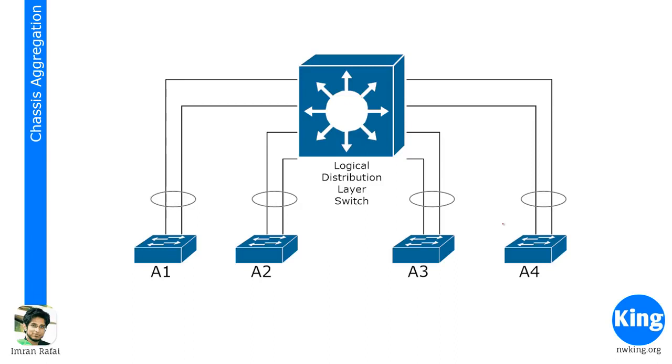distribution layer switch. Again, you know that A1 had a line to D1 and D2, so technically A1 had two interfaces, and you can do something called multi-chassis EtherChannel. You can make use of that technology and create an EtherChannel. A2 also has an EtherChannel, A3 has an EtherChannel, A4 has an EtherChannel, and you would see that these are now working point to point.